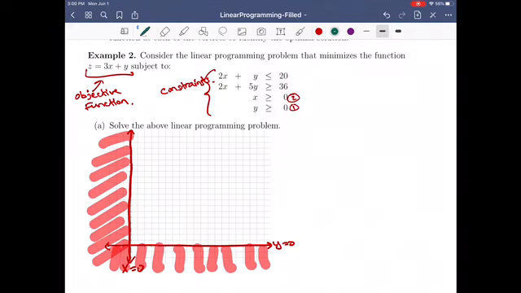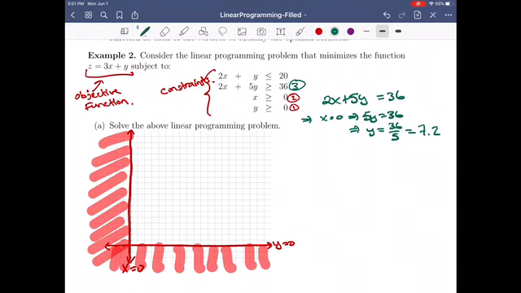Number 3. So we have 2x plus 5y equals 36. So when x is 0, I have 5y equals 36, which means y is 36 over 5, which is 7.2. So we get a point at 0, 7.2. So there's 7, so a little bit bigger than 7.